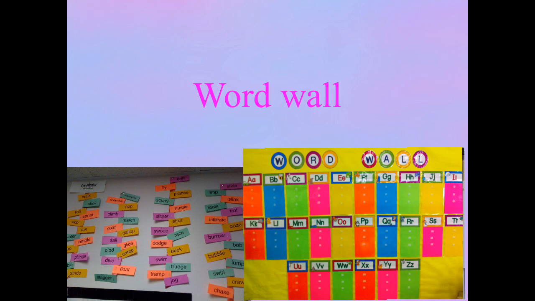Provide a variety of review activities to ensure enough practice so that words are read and spelled instantly and automatically. Make sure that words from the wall are spelled correctly in any writing students complete.